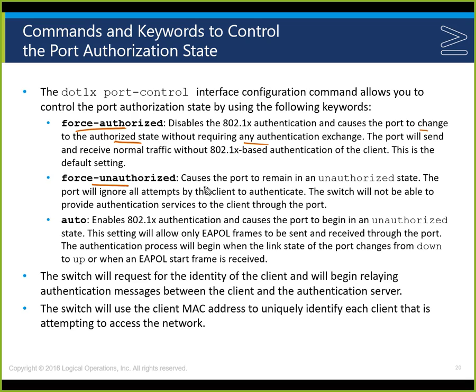Force unauthorized will make it so that it can never be authorized. Auto is the one we want to use. It enables the authentication and causes the port to start in an unauthorized state and then go through the process to become authorized. Request for identity will use the MAC address to uniquely identify each client that's attempting to access the network.